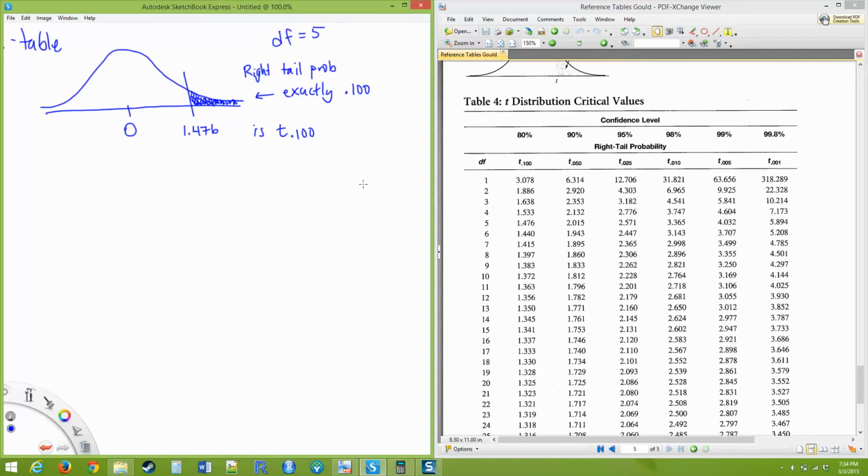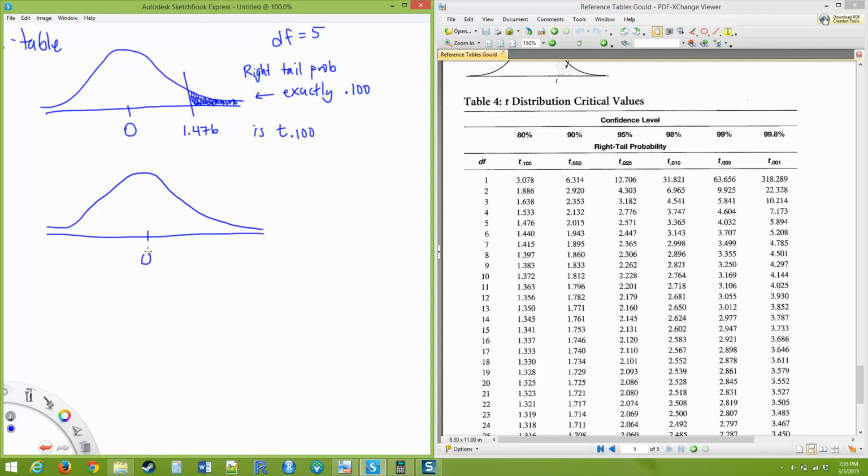Is that clear? So 5 degrees of freedom, 1.476, the area in the right tail, to the right of 1.476, is 0.100.